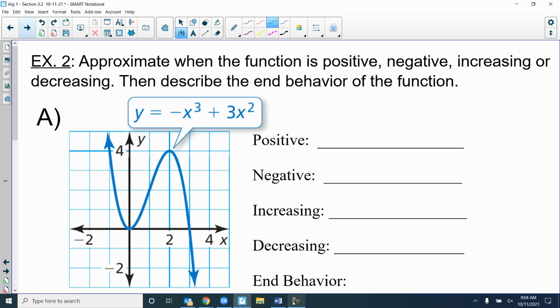All right, look at this graph. Now I'm going to do some things on here because I can erase them. It's a little bit easier for me. Positive. Everything above the x-axis. So everything that is positive would be all of these points. And once it gets there, it's no longer positive.